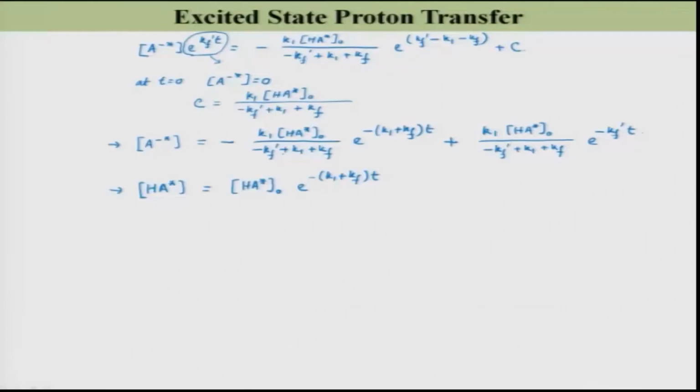But in this case, please note these two quantities are the same. This is a special case for the irreversible two state proton transfer. But the most interesting thing is that here you have a negative sign and here you have a positive sign. The negative sign in this exponential means the formation.